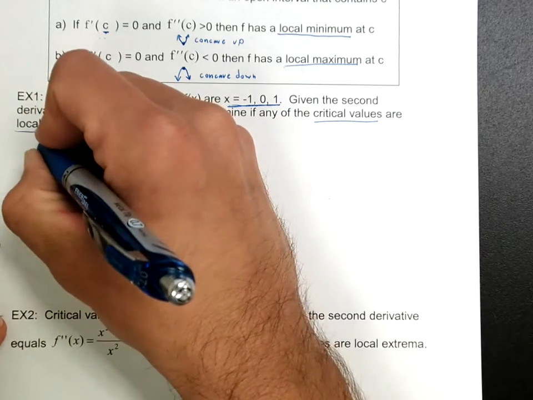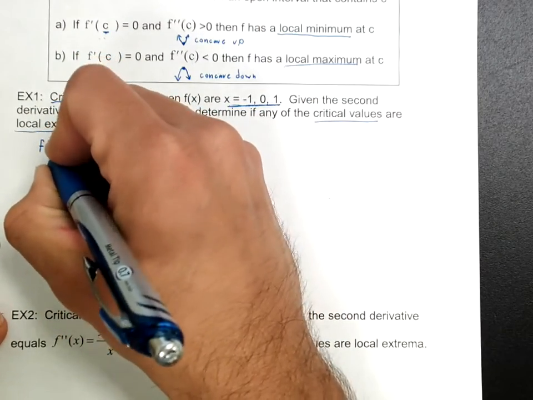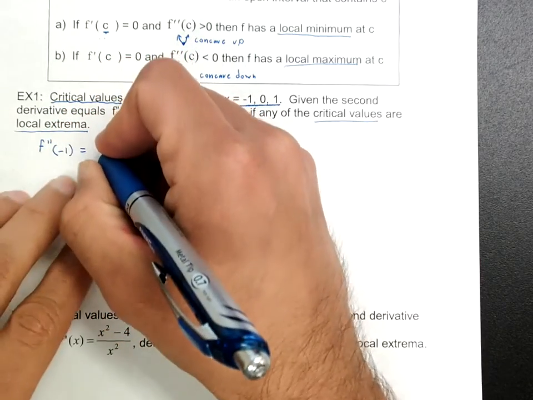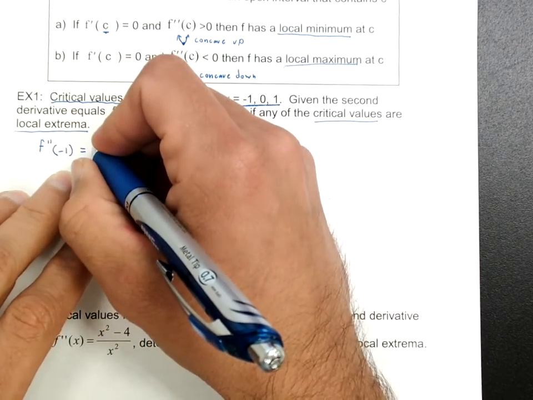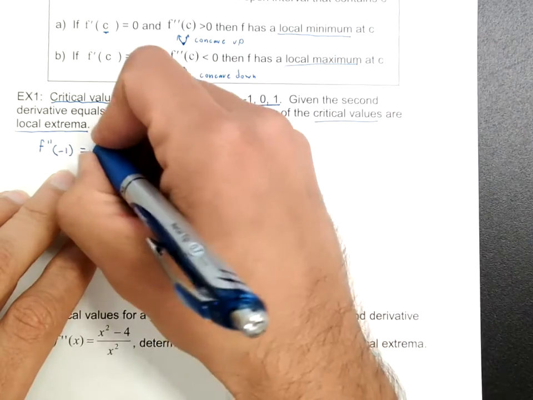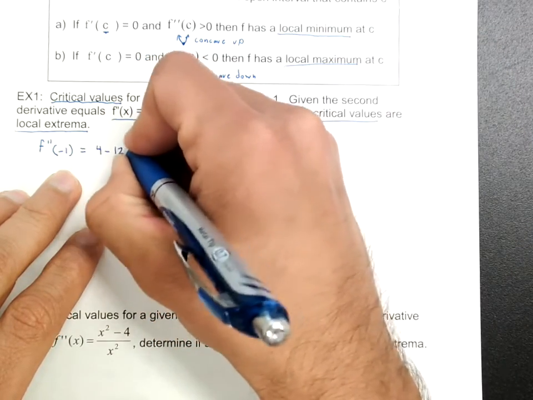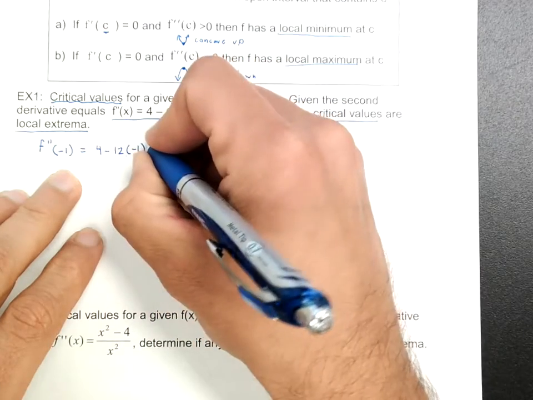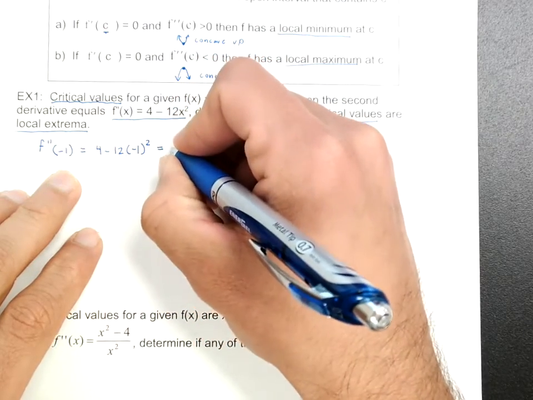What you would do here is, if I have a critical value at -1, I plug that into my second derivative, my second derivative being 4 minus 12x squared, but instead of x, I'm going to plug in a -1. And when I do that, I get the answer as -8.